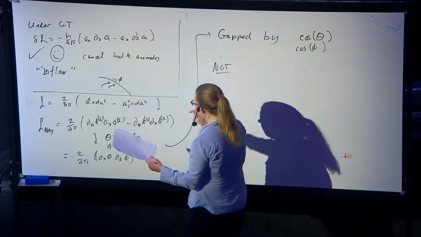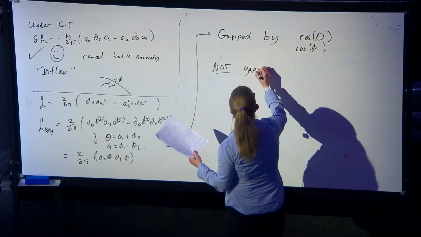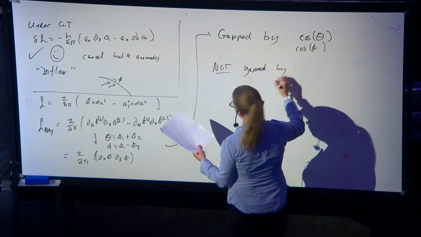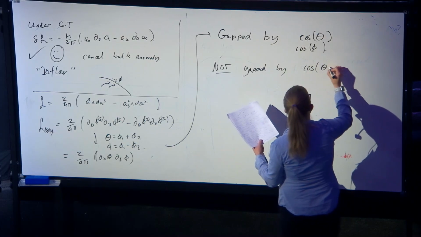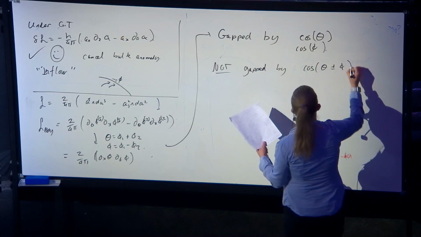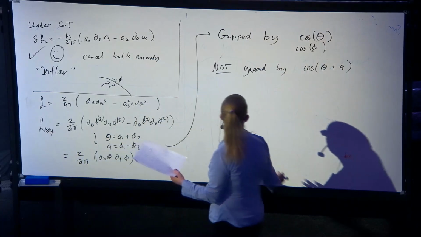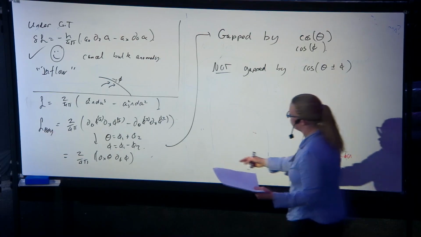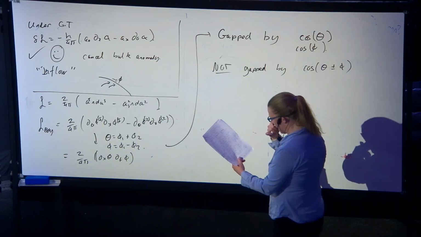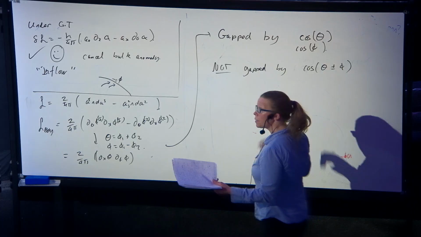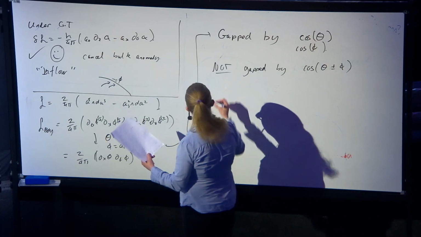Now you have to be a bit careful, okay? So, it will not be gapped by adding things like cosine of theta plus or minus phi, right? Because these guys actually either just have phi 1 or just have phi 2, okay? And remember, phi 1 does not commute with dx phi 1.